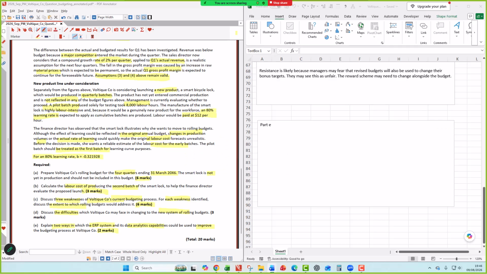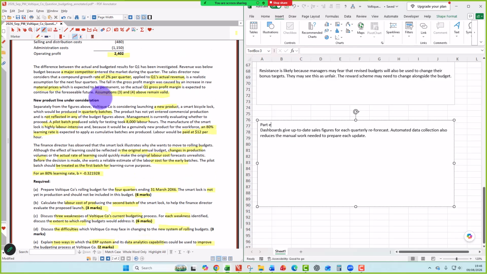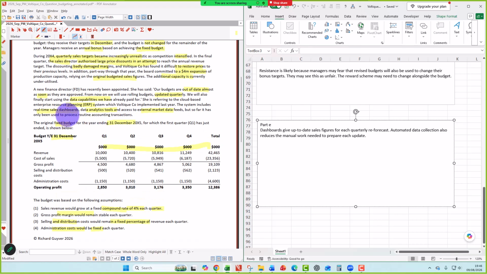And then finally, we're just looking for 2 marks on the ERP system. This one is a little bit more technical knowledge on how an ERP system works and what it has, but it did give us some hints in the question. Up here, it spoke about some functionality they weren't using.